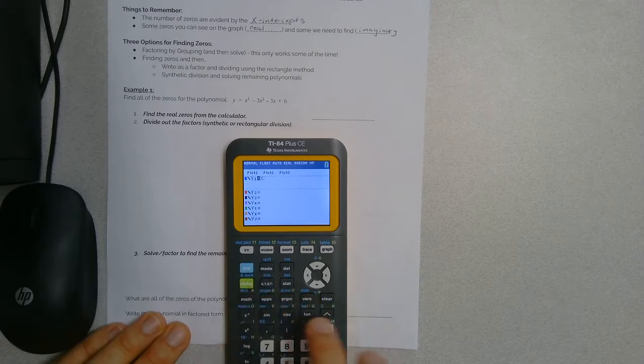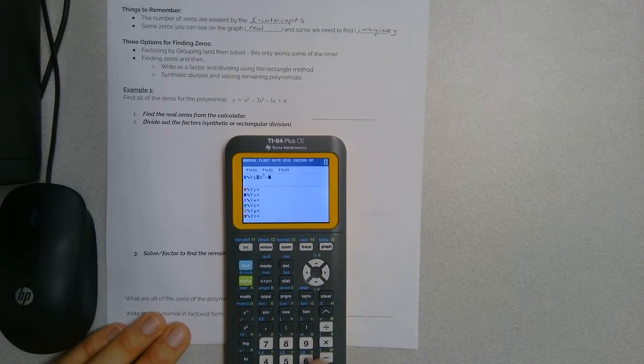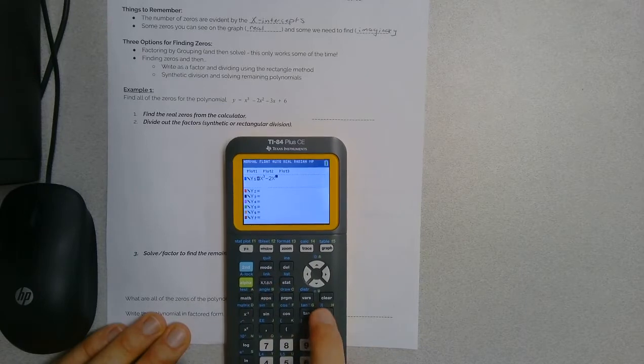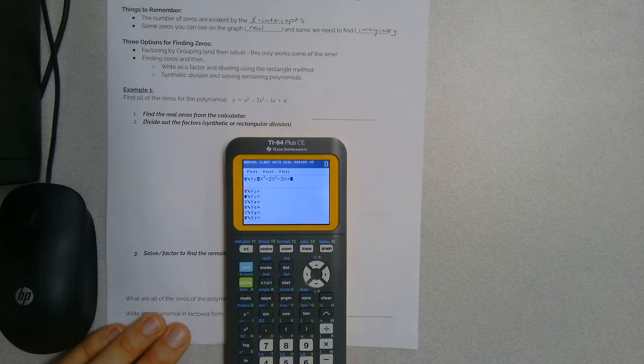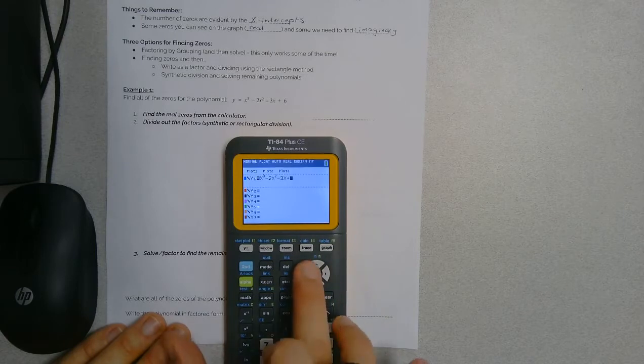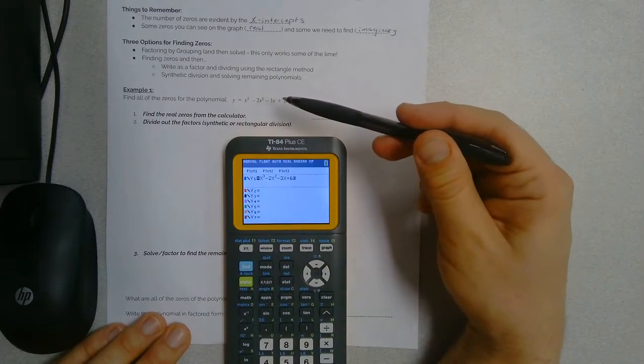So in putting that in, we have x to the third power minus 2x squared, and then minus 3x, and then plus 6. Verify that I have the correct polynomial and then graph.